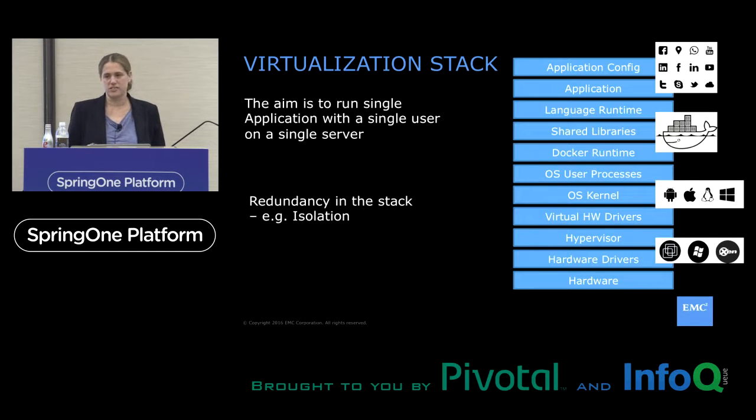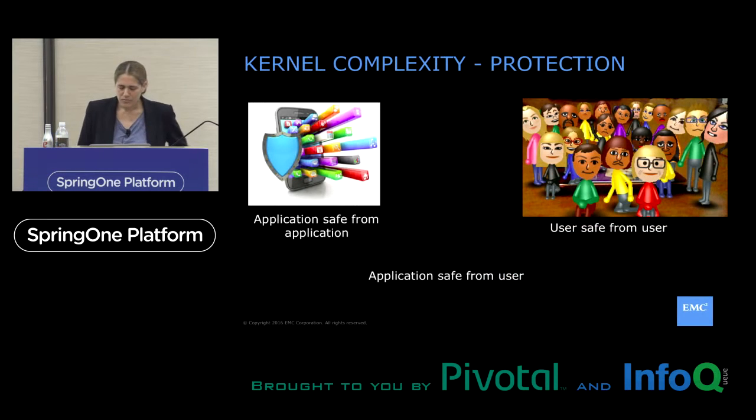Isolation is a good example. You have the isolation of the hardware layer, which is physical isolation. Then the hypervisor isolation, which separates your machine. Then your OS user processes separate your processes, Docker does kind of the same thing, and then eventually your application separates your users.